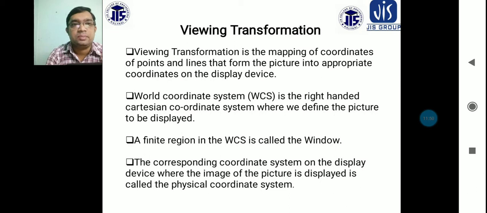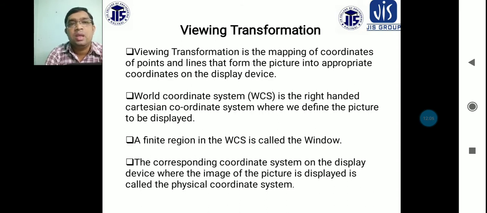A finite region in the WCS, the world coordinate system, is called the window. Each computer has a window, and this is considered for viewing transformations.